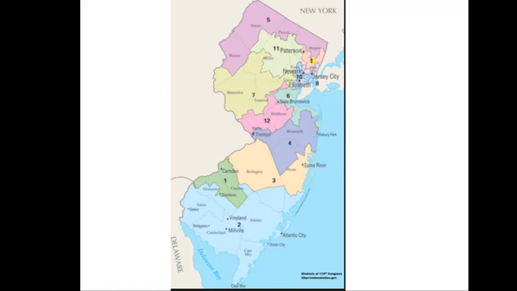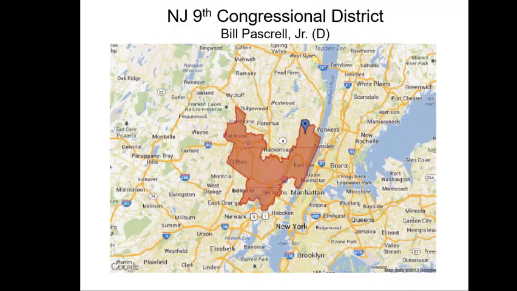That's the district that I live in, so let's zoom in on that one. Here is District 9, the 9th Congressional District. Bill Pascrell is the House of Representatives person that sits in the House there. It looks like a bat, but the districts are drawn by the state legislatures.